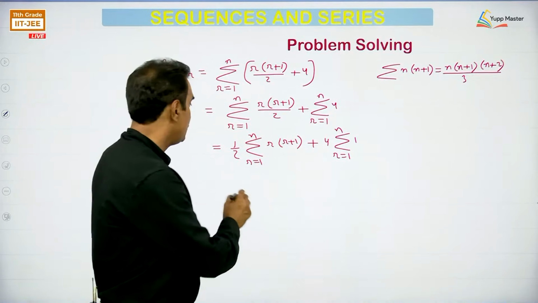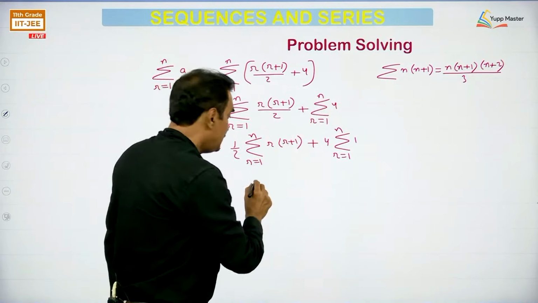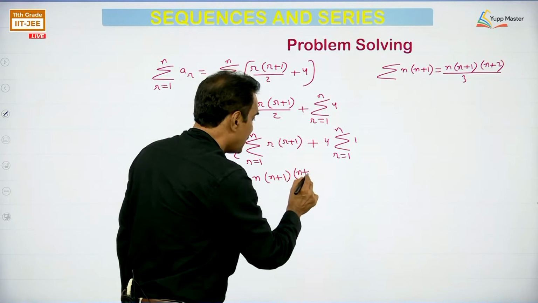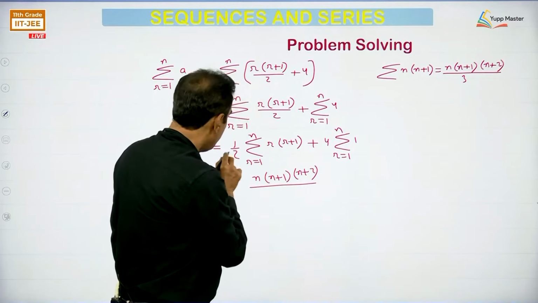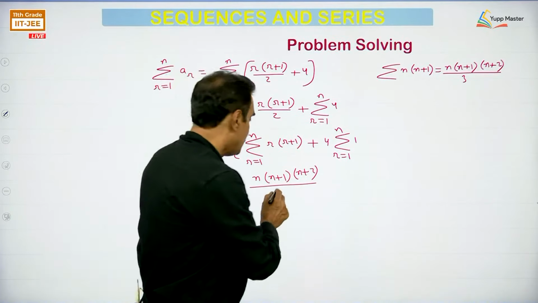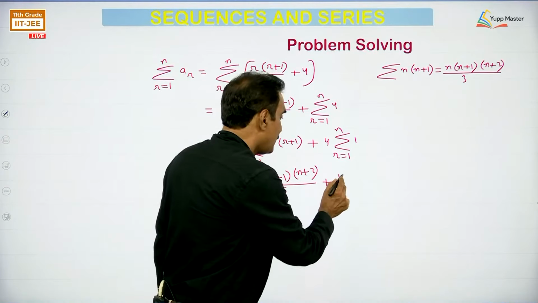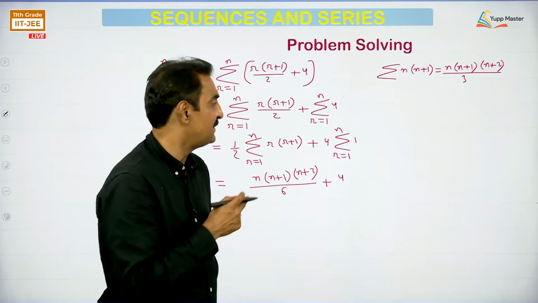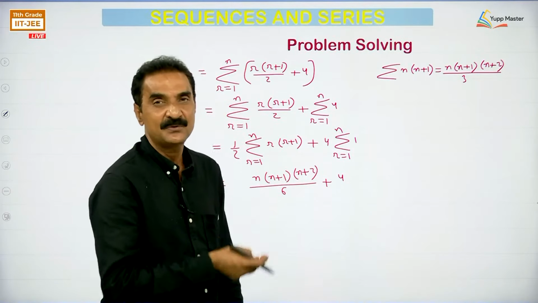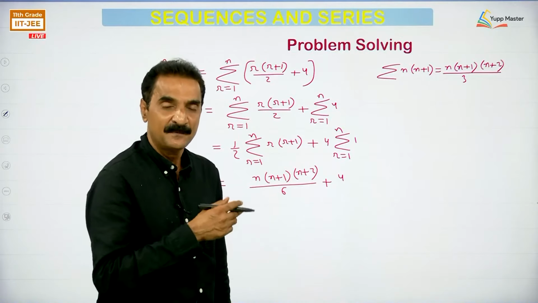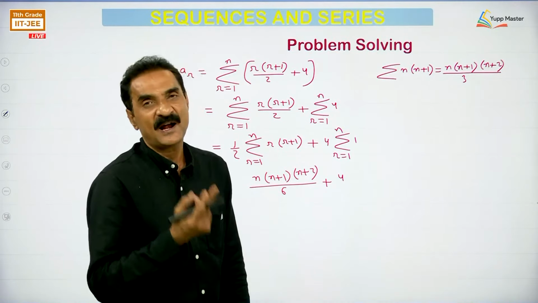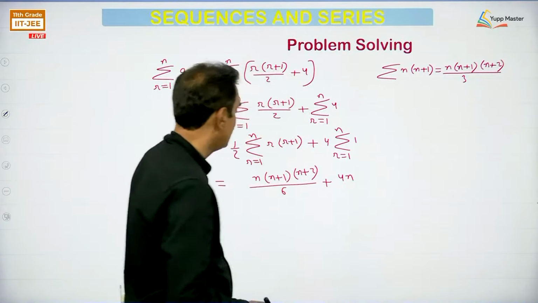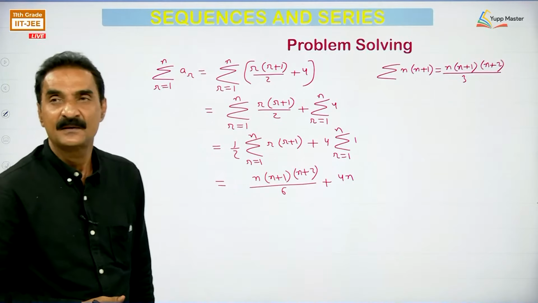Then this is n into n plus 1 into n plus 2 by 3, into 1 by 2. It will be by 6, plus 4 into sigma 1, which is n. We should add 1 n times: for r is equal to 1, r is equal to 2, r is equal to 3, up to r is equal to n. For each r we have to add 1. So you have to add 1 n times. So, sigma 1 is n. So, this is our answer.